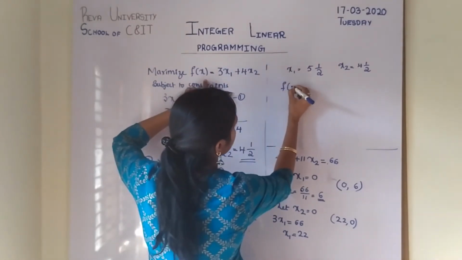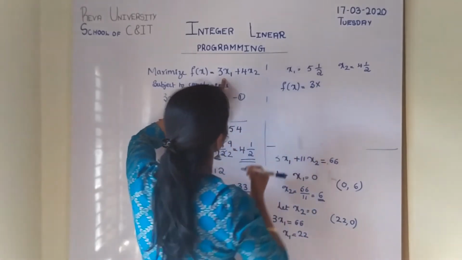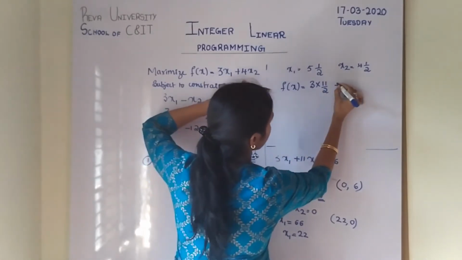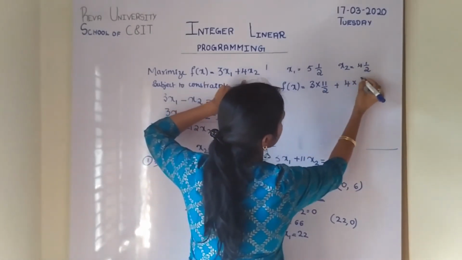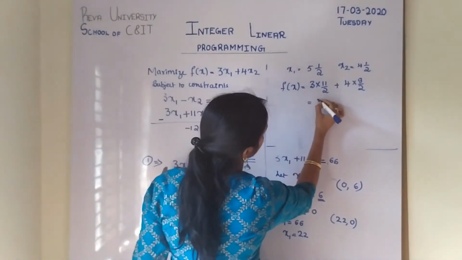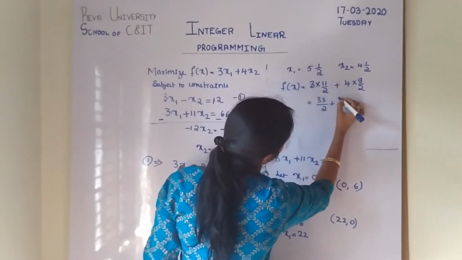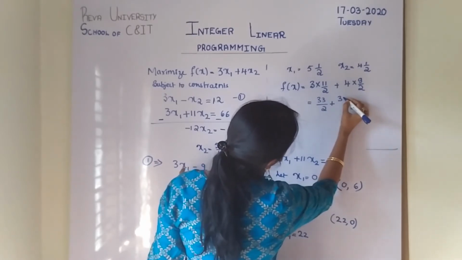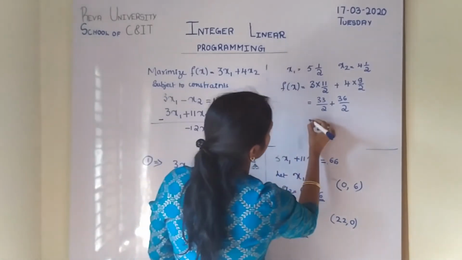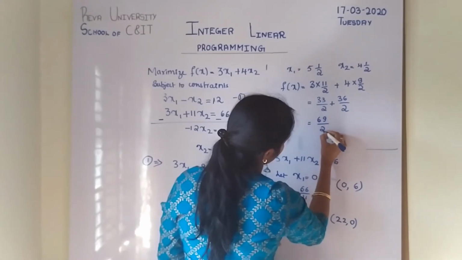So, f of x is equal to, what is the value of the objective function? 3 into x1, where x1 is 11 by 2, plus 4 into x2, where x2 is 9 by 2. So, I will get 33 divided by 2 plus 36 divided by 2, which is 69 divided by 2.